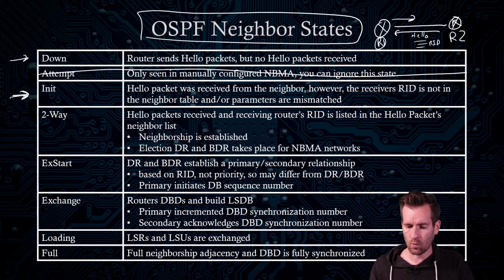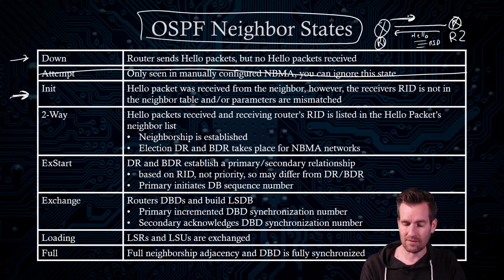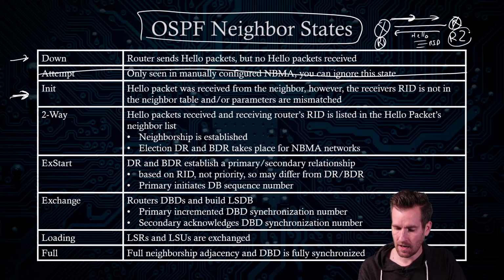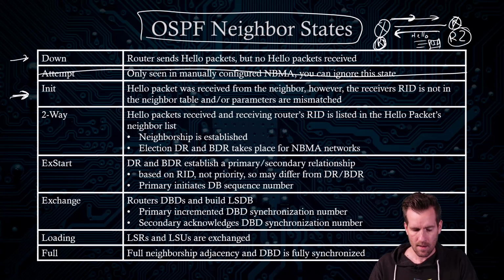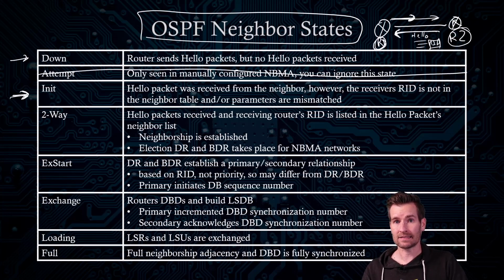That tells router 1 that router 2 has not received a hello packet yet. As soon as the hello packet gets to R2, and then R2 sends a hello packet to R1, and the router ID of R1 is in that hello packet, then it knows, oh yes, we now are on the same wavelength. You see me and I see you.